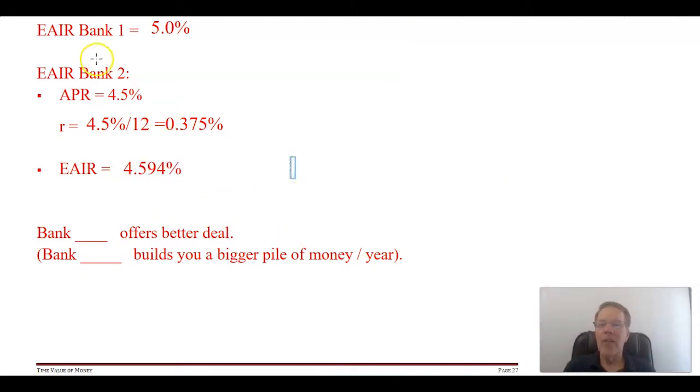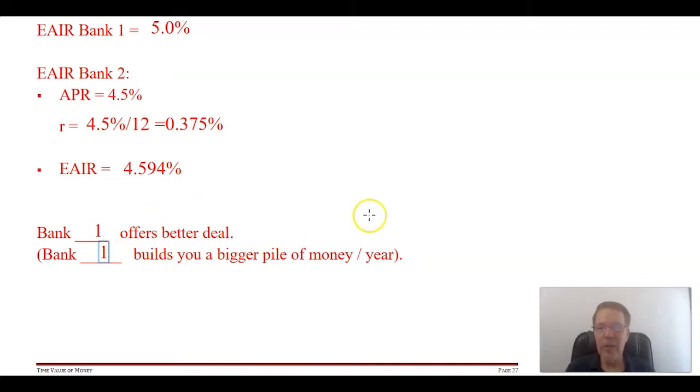So now we've got two things we can compare on an apples to apples basis. Equivalent annual interest rate for Bank 1 is simply the native interest rate, 5%. Equivalent annual interest rate for Bank 2 is less. So Bank 1 offers us a better deal.